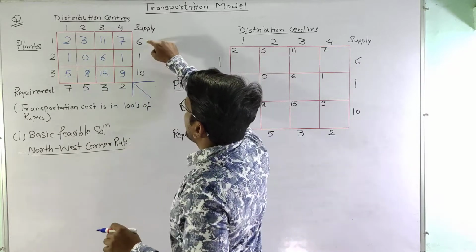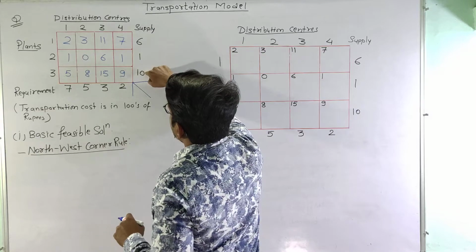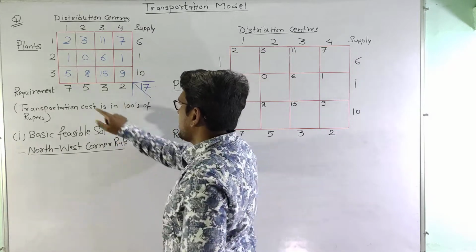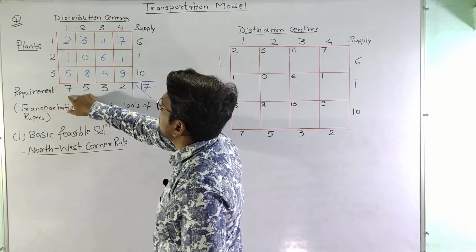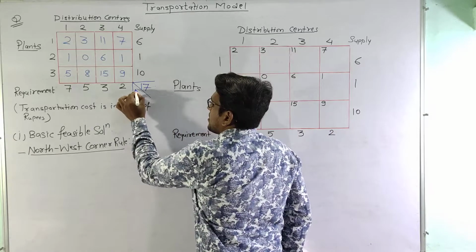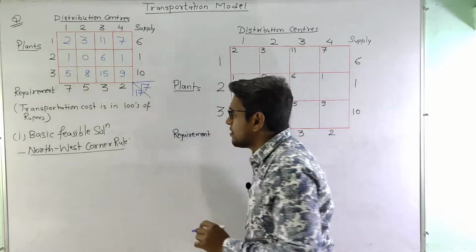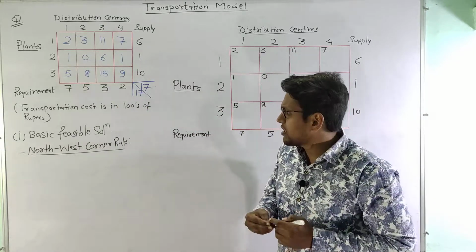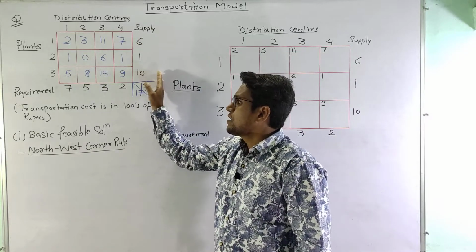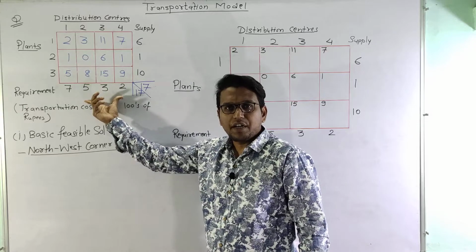Let us see the supply: 6 plus 1, 7, plus 10, 17, and the total demand or requirement is 7 plus 5, 12, plus 3, 15, plus 2, 17. So we are satisfying our condition where the total supply equals the total requirement.